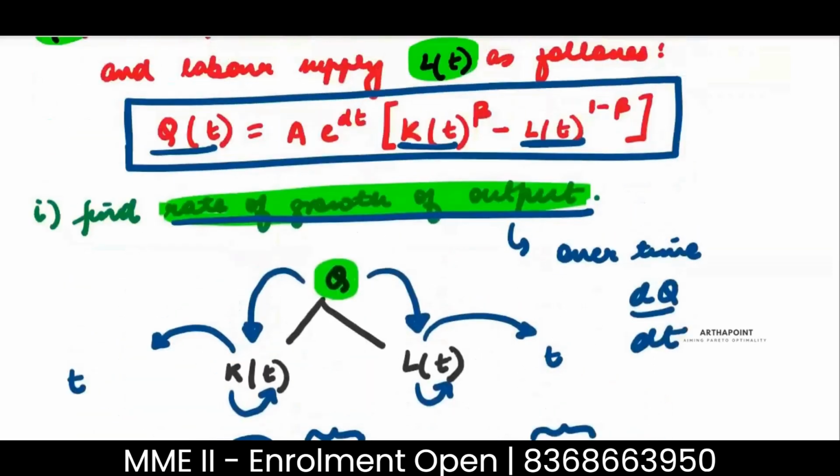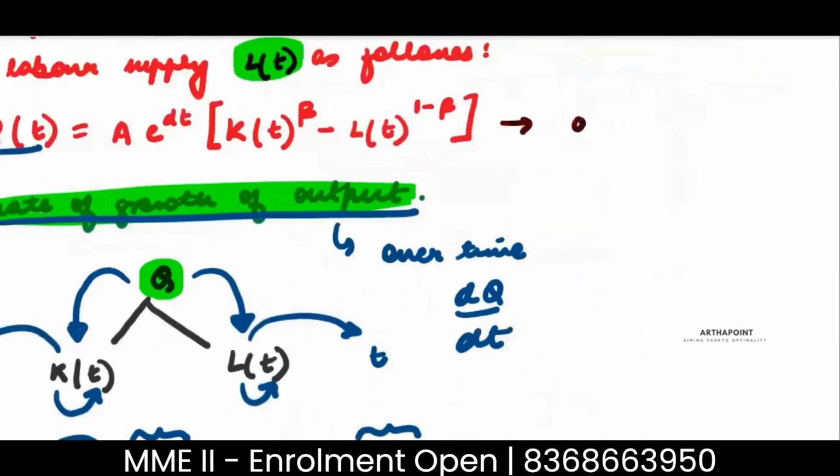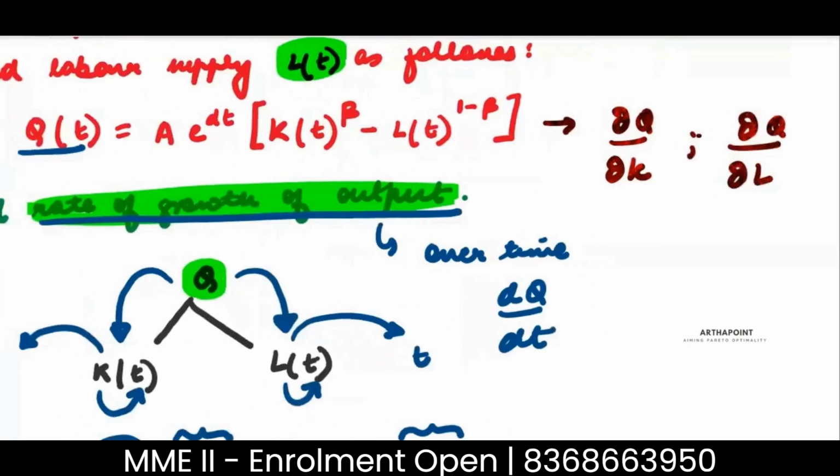So now, very simple. I have this equation given to me. From this equation, I can go ahead and find del Q by del K, and I can find del Q by del L. Just do that. What will be del Q by del K?